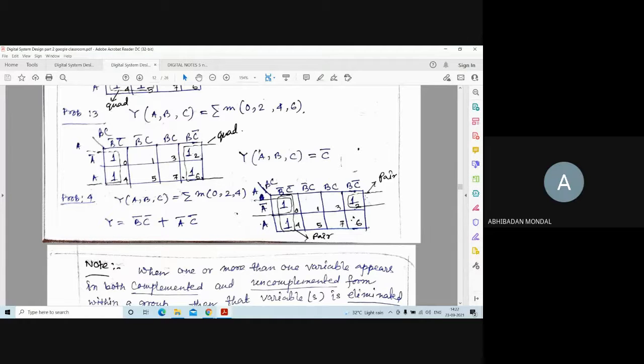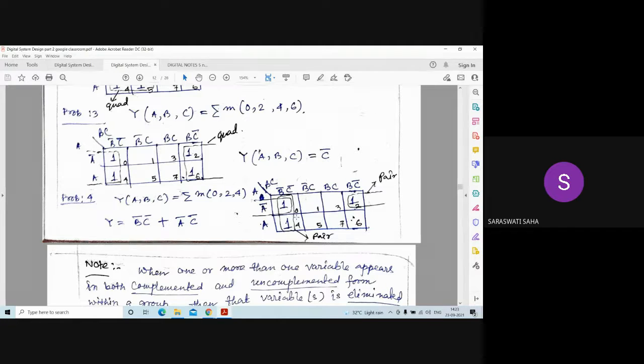Two. Another question may arise: if we take these 2 adjacent 1s as a pair, or if we take these 2 ones as an adjacent pair, only a single one remains or is left here. So why will we take it for the next pair?